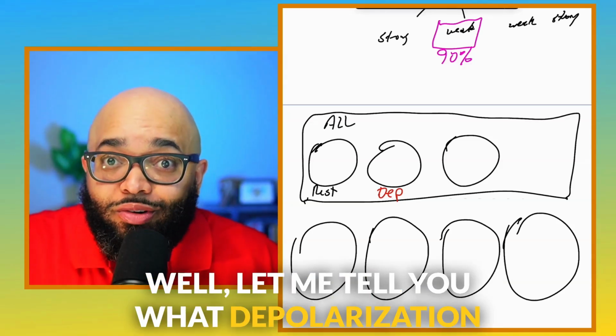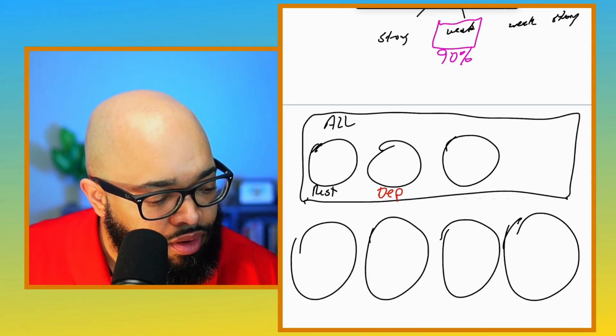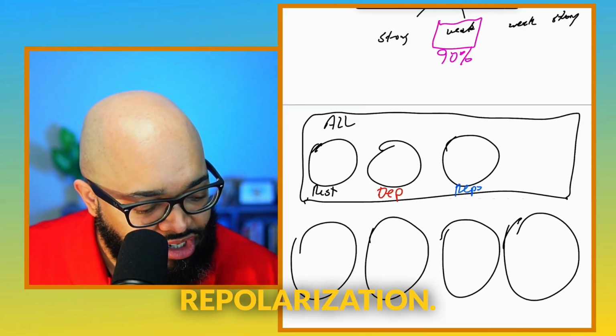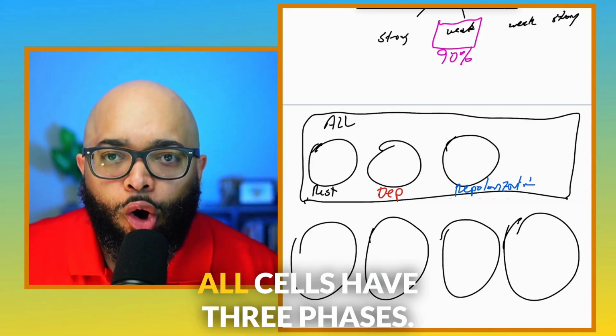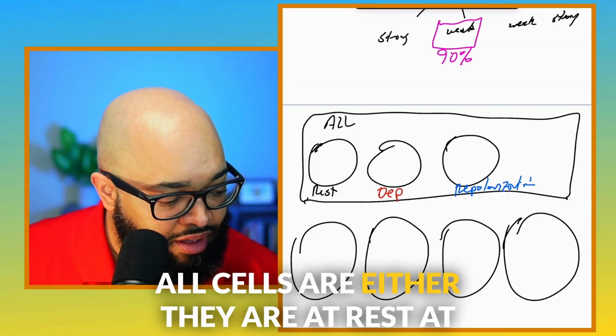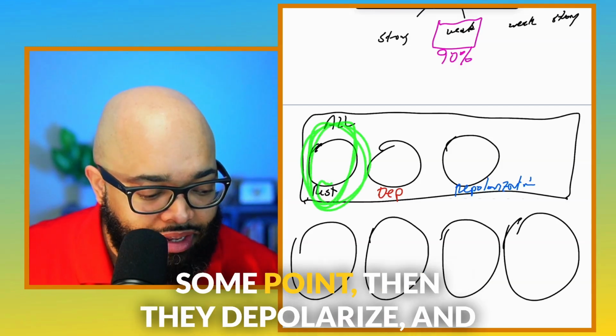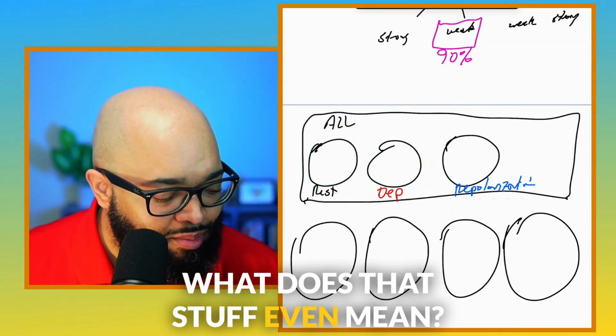Well, let me tell you what depolarization actually is. Then there's this other thing called repolarization. I'm going to explain every one of them, okay? All cells have three phases. All cells are at rest at some point, then they depolarize, and then they repolarize. What does that stuff even mean?